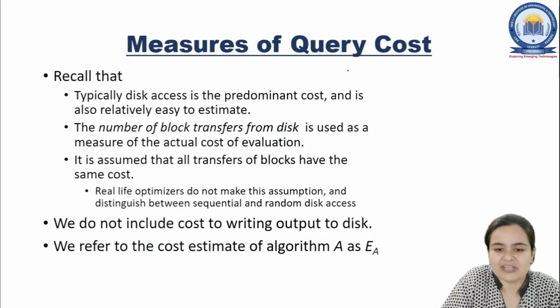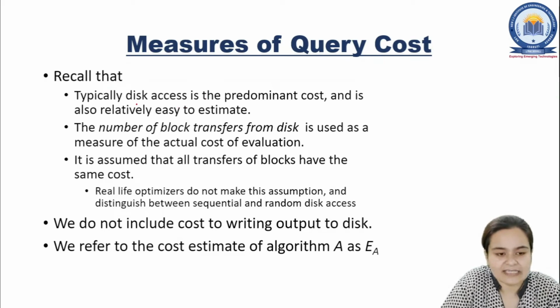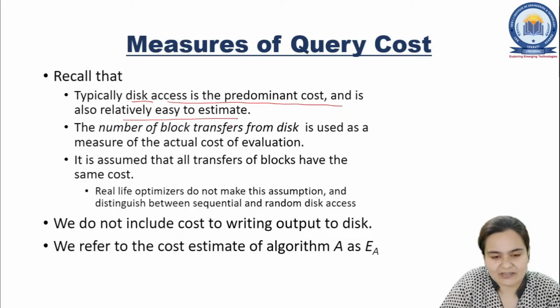Now, what are the measures of query cost? What we have to recall here is that typically the disk access is the predominant cost. Definitely, if we access the disk again and again, the cost will be higher, and it is relatively easy to estimate as well. How many times you are accessing the disk is easy to estimate, and it is also the predominant cost measure.